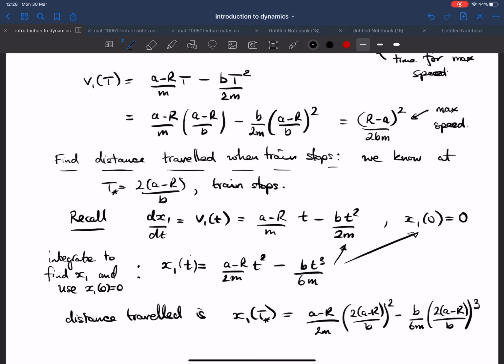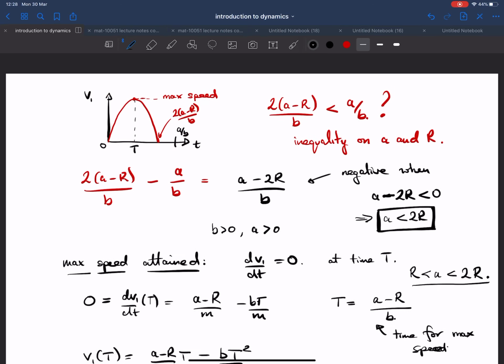So let me just see what I get for this. It's not going to be nice, let's put it this way, but let's just see. I'm going to now put in the time taken to stop. Oh, sorry, the distance traveled before it stops. So I'm substituting 2 times A minus capital R over b. Let's just double check that's our time.